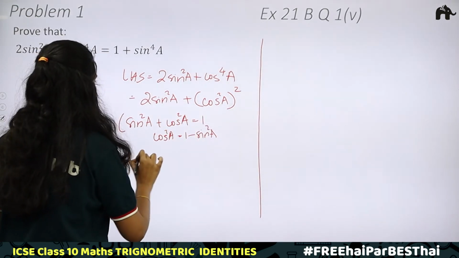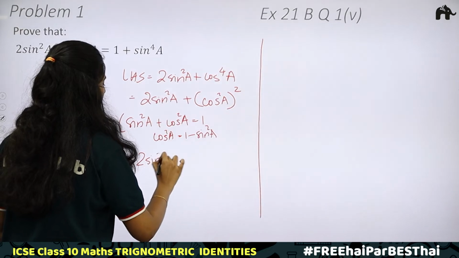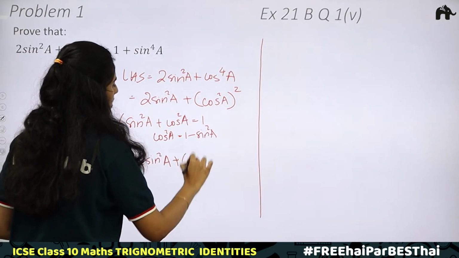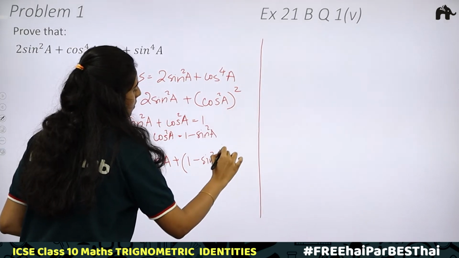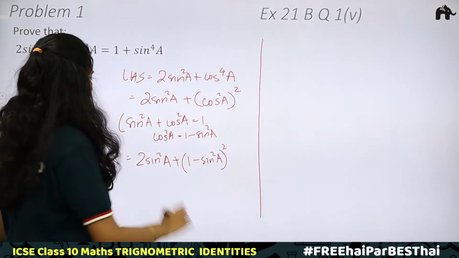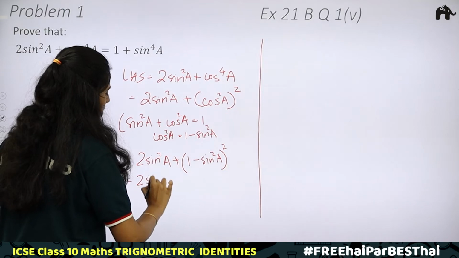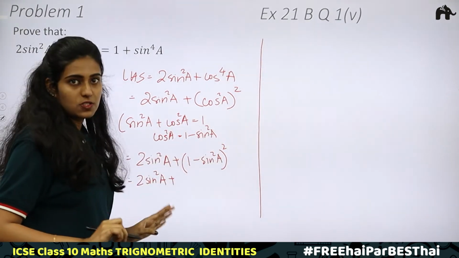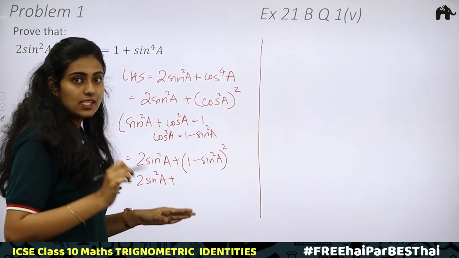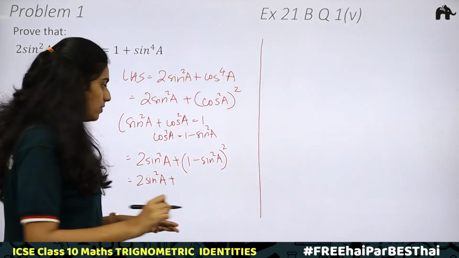Now substituting, we get 2 sin square A plus 1 minus sin square A whole square. That is 2 sin square A plus A minus B whole square. A minus B whole square is A square minus 2AB plus B square.